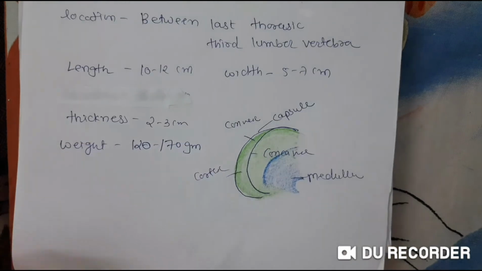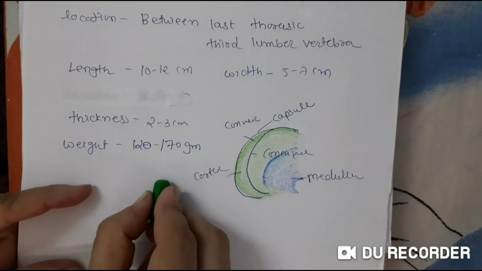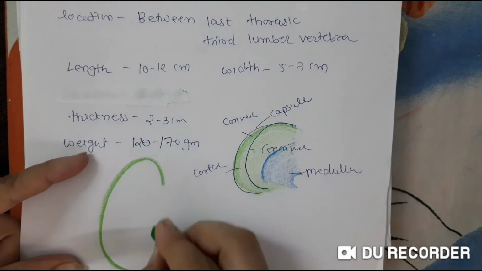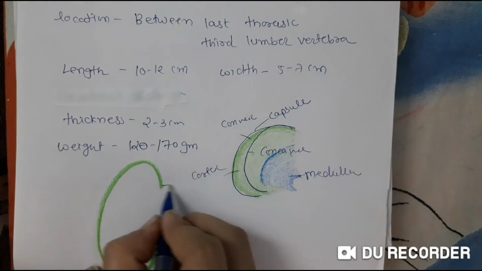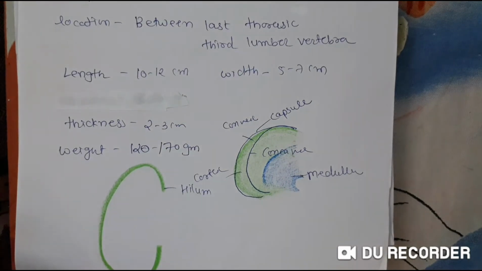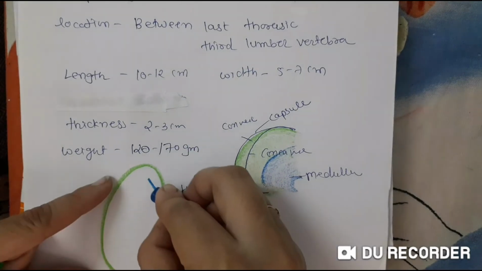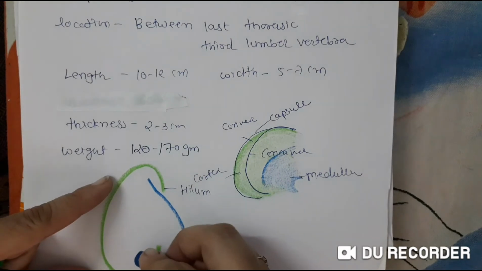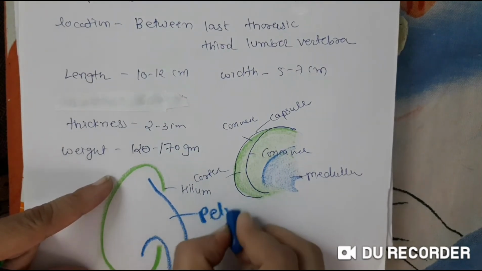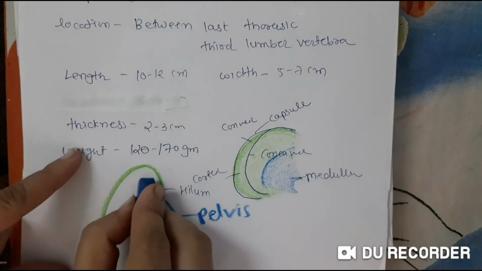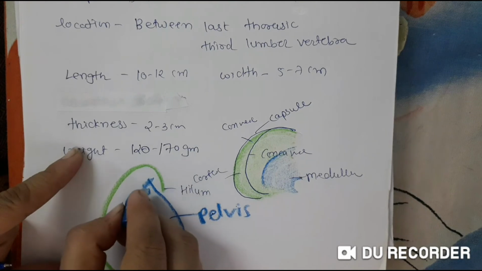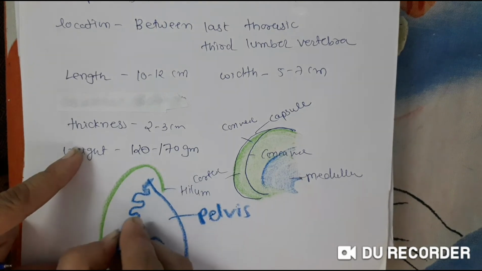Now see, if this is a kidney, there is a notch like structure. This notch like structure is called the hilum, right? In this, a funnel shaped structure is there called the renal pelvis. The pelvis forms conical projections like this.